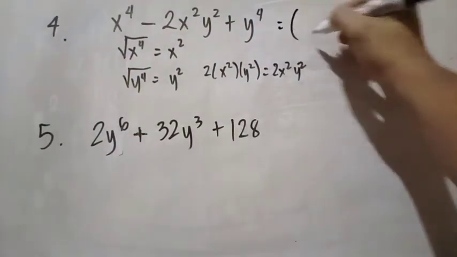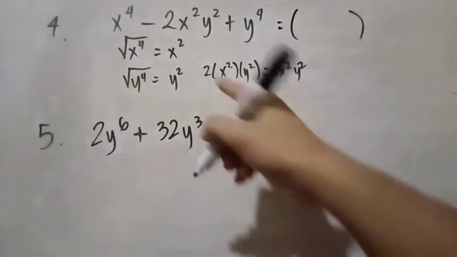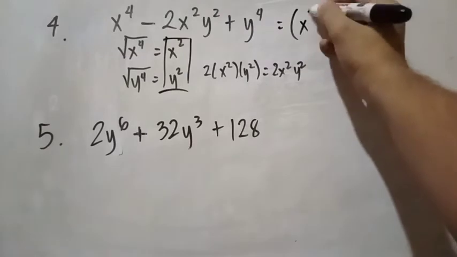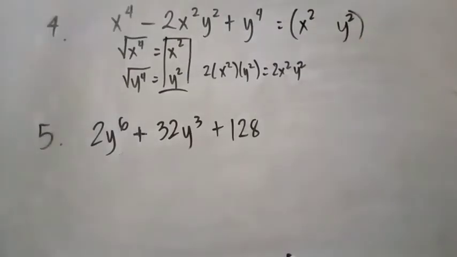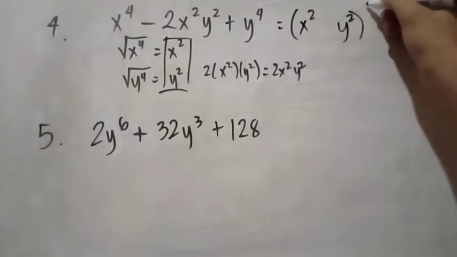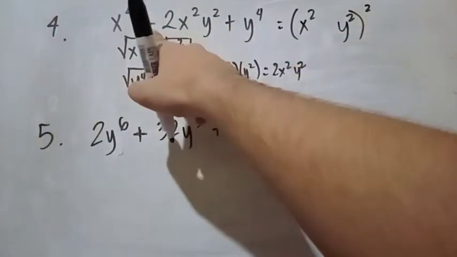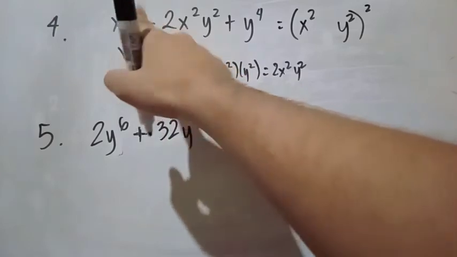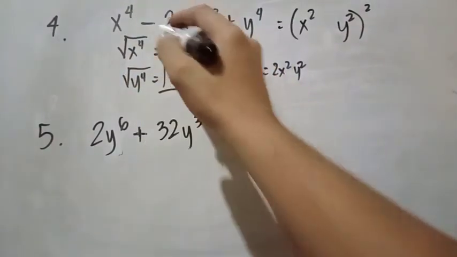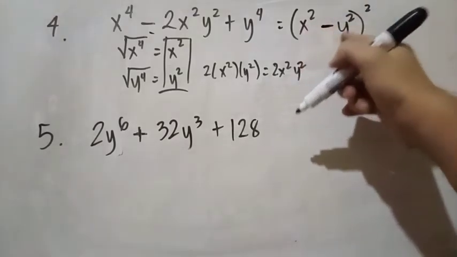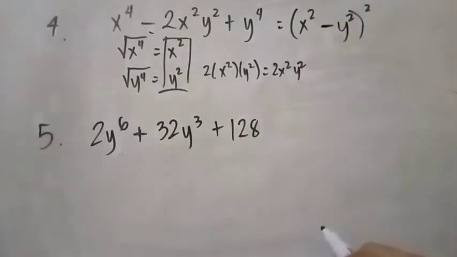Tapos, para isulat natin yung binomial factors niya, kailangan natin itong dalawang terms, x squared and y squared. Tapos, i-erase natin sa 2. And then, yung magiging sign nila is yung sign ng middle term, which is negative 2x squared y squared. Ayan siya, negative. Okay? So, x squared minus y squared, quantity squared.